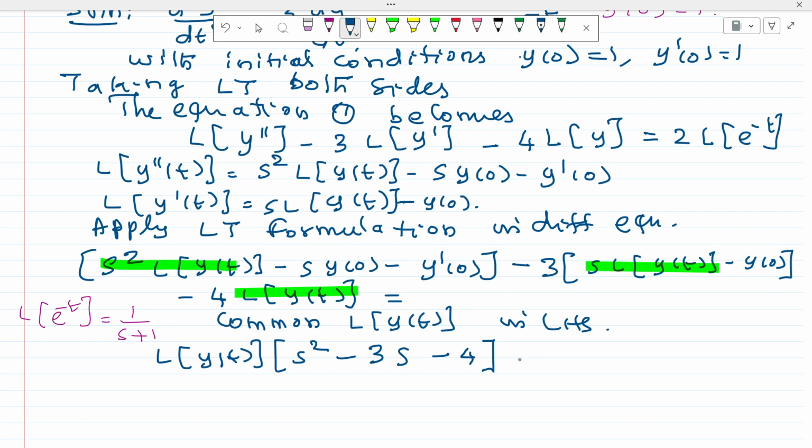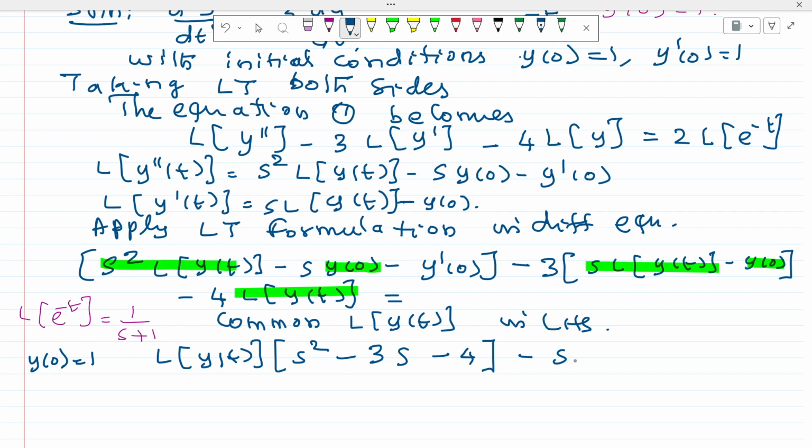Remaining: minus s into y of 0. Y of 0 is 1, so you have to write minus s into 1, that means minus s. And then what is y dash of 0?